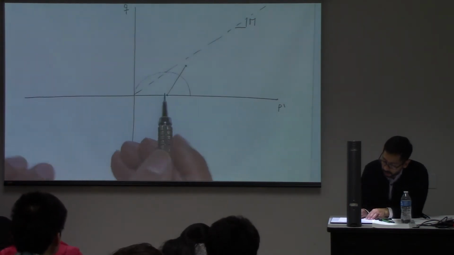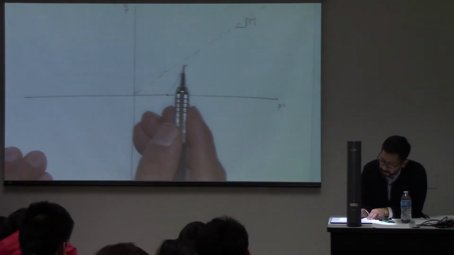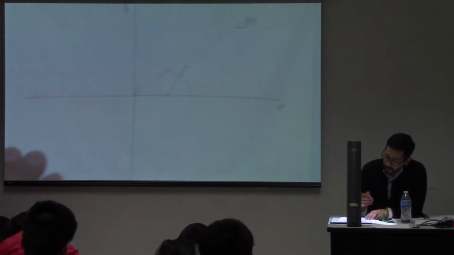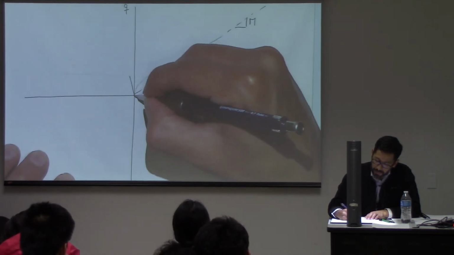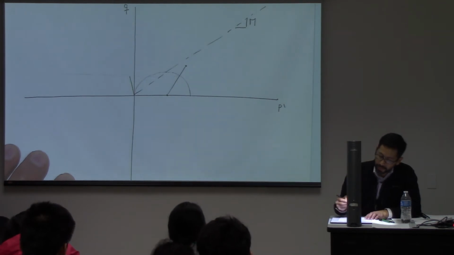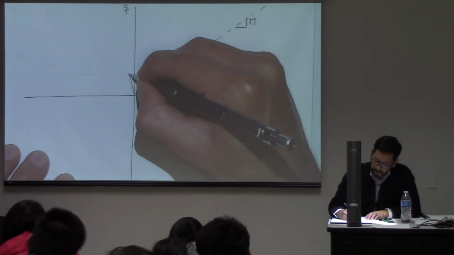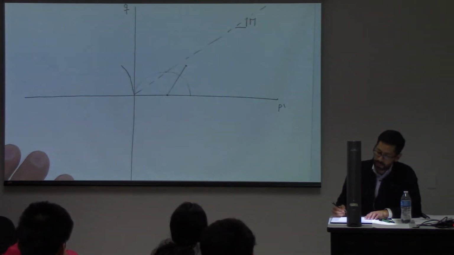Let's see what will happen to the stress and strain. What this is telling me is that this is going to be elastic at the beginning. As I pass the yield cap, I'm going to start to see plastic strains. So this is going to start to deviate.